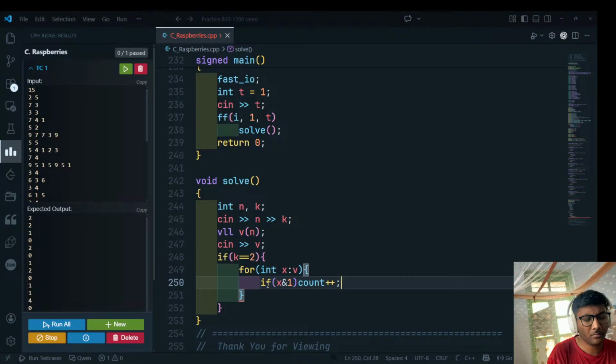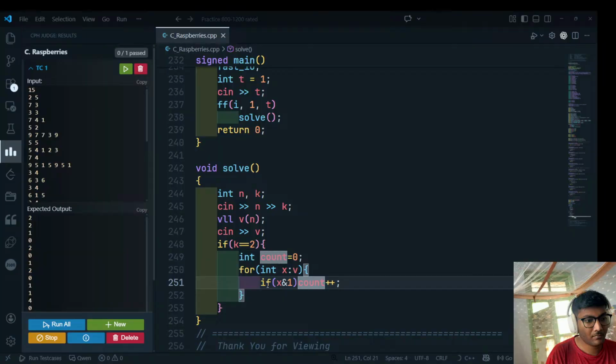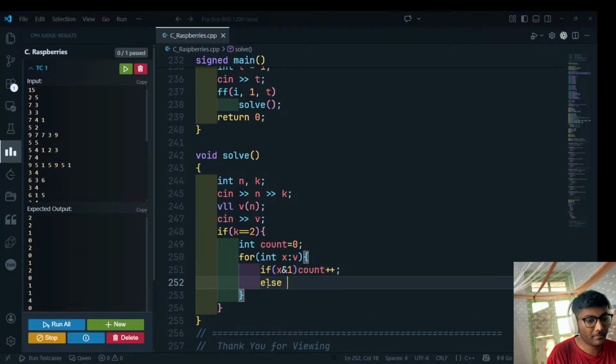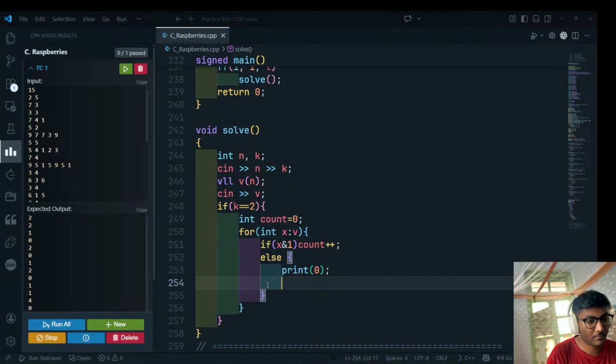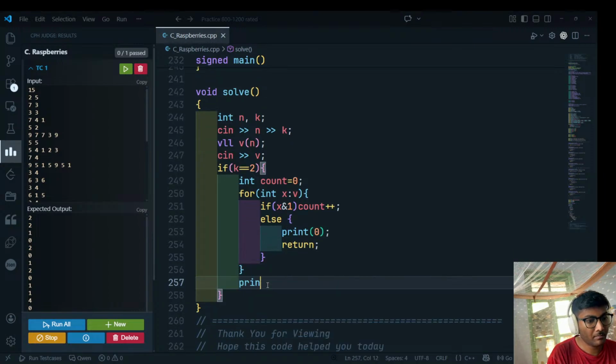We don't have to do anything if there are only odd numbers. So let's say count all. Otherwise, in the other case, print, I guess, 1.